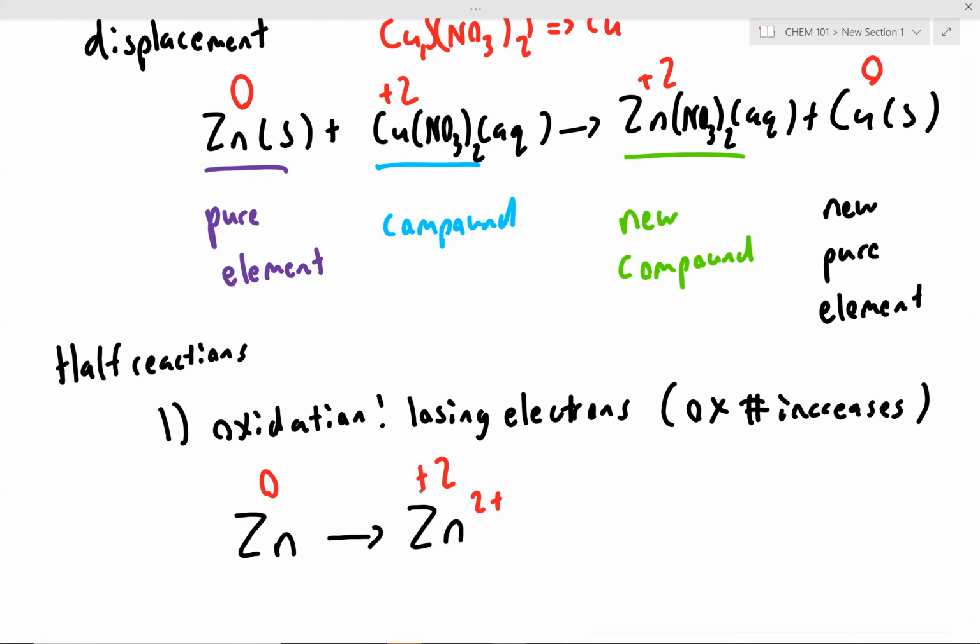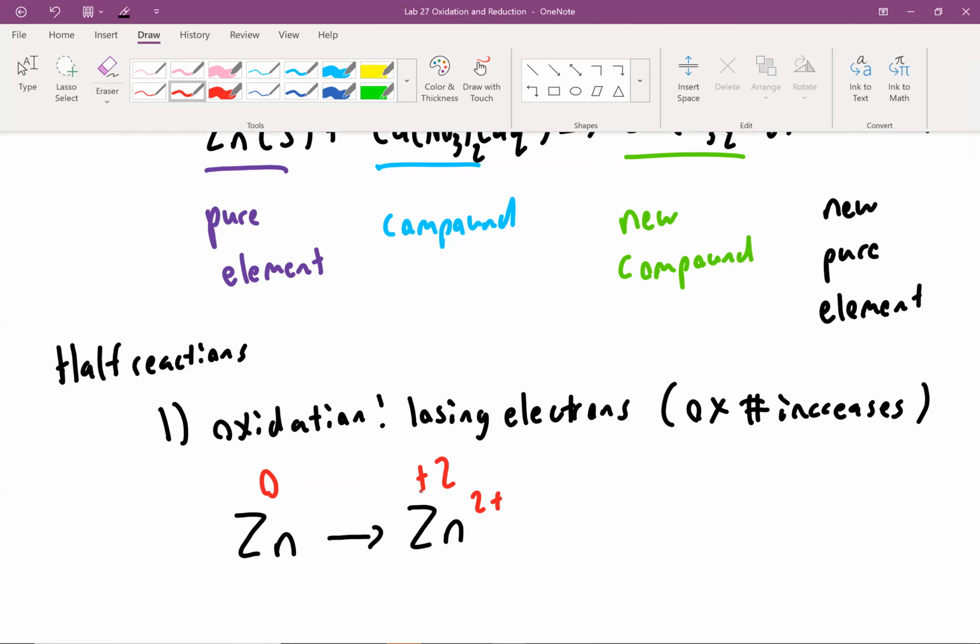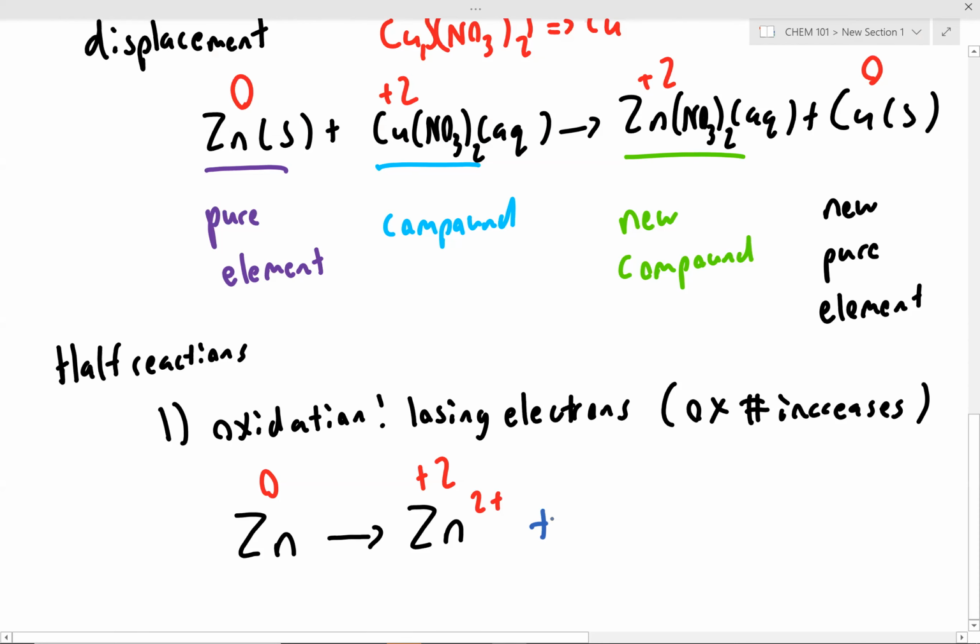If our total charge is conserved, we went from 0 to +2. This +2 tells us we have how many less electrons? How many less electrons when we have a +2 charge? 2. So then, how many electrons have we lost if we went from 0 to +2?